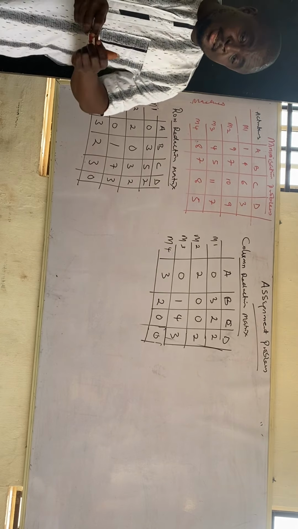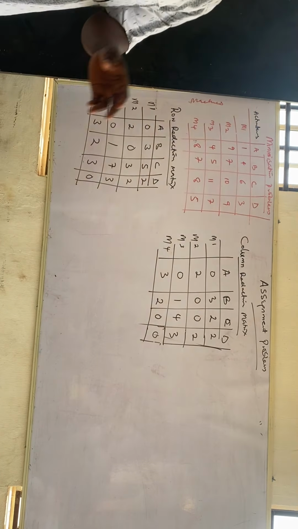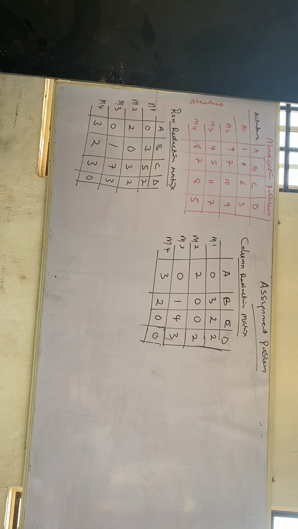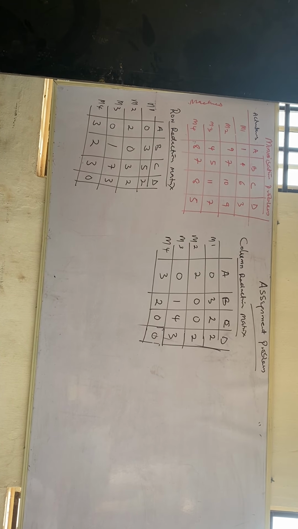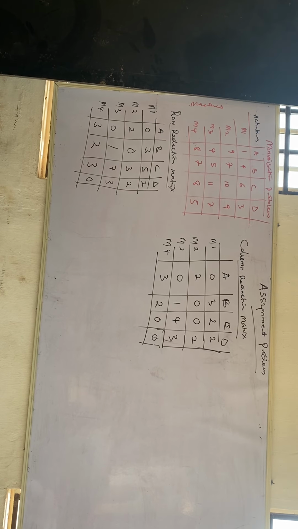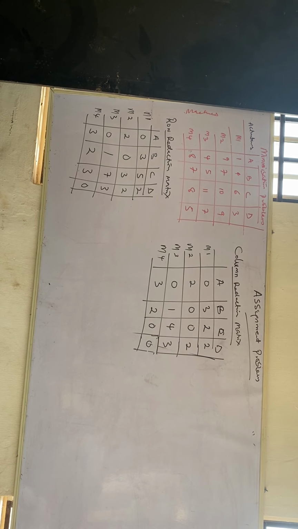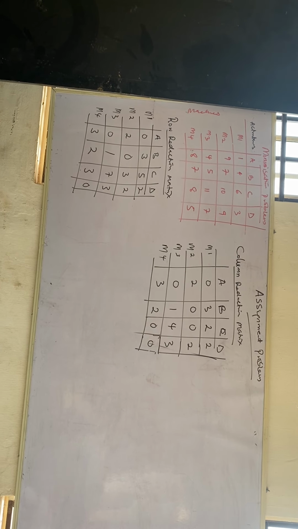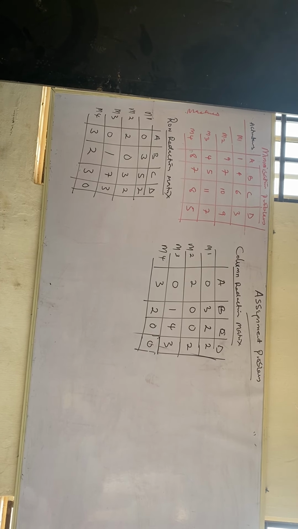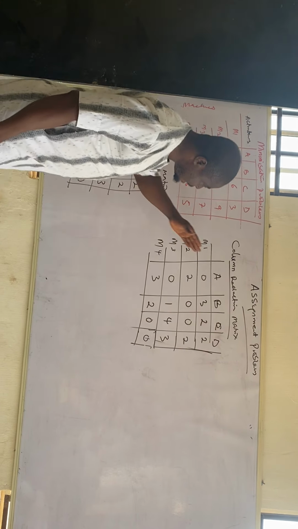Now, since we have done the row and column reduction matrix, the last step is the one you must be careful about. You draw an imaginary line to cover all zeros, and make sure you use the minimum number of lines possible. It means you must cover where you can cover the highest number of zeros first. If you cover this way, you will cover 2.